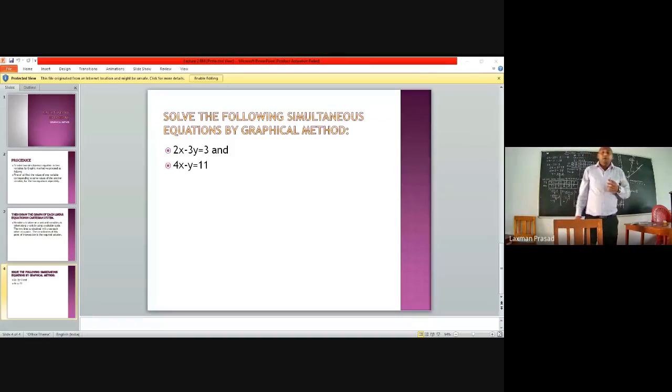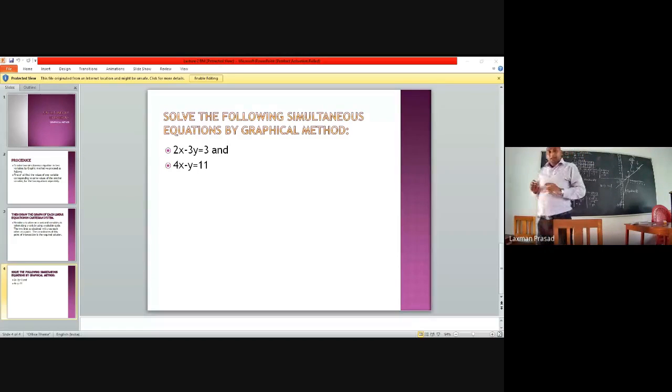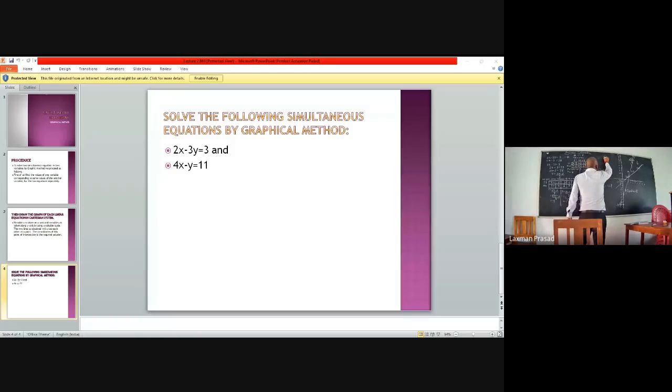In the exam, you will receive graph paper where you can mention your measure, like 1 centimeter equals 10 lines.